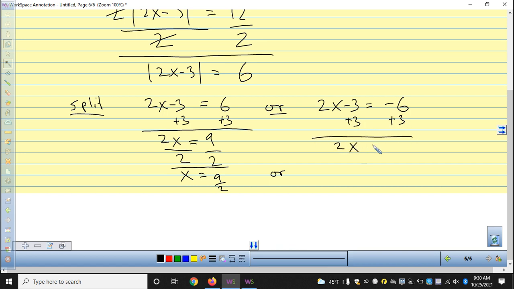I get 2x equals negative 6 plus 3 is negative 3. And then divide by 2, and I get x equals negative 3/2. So those are my two answers.